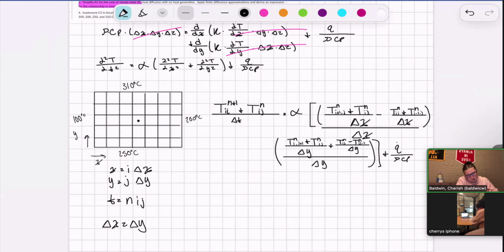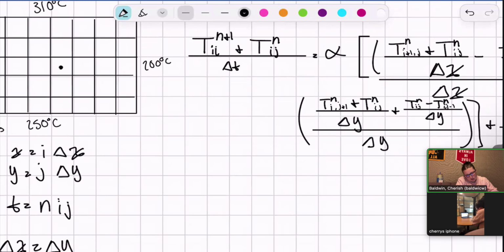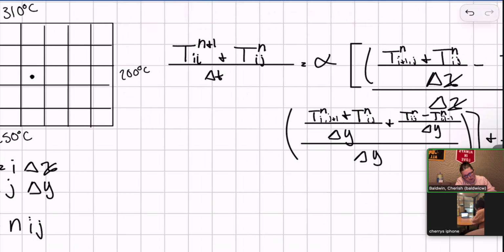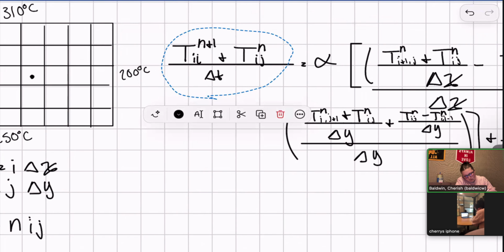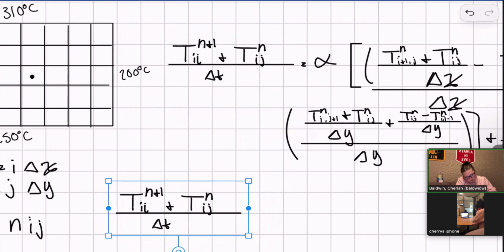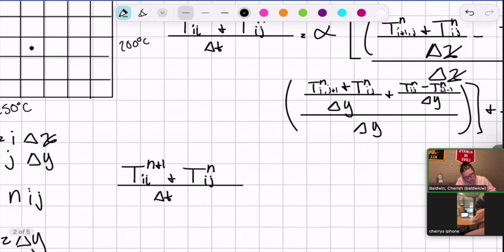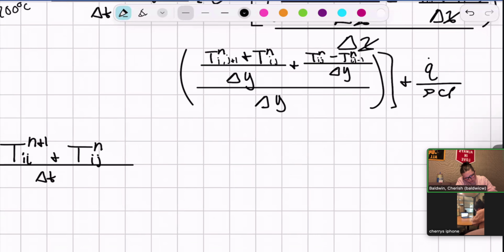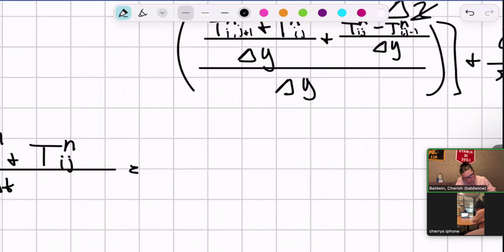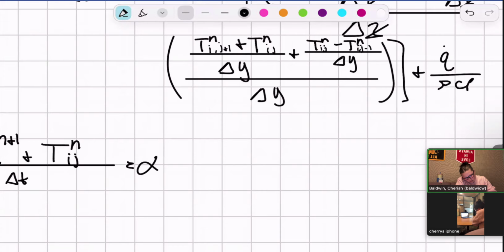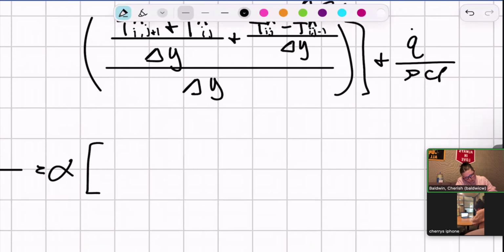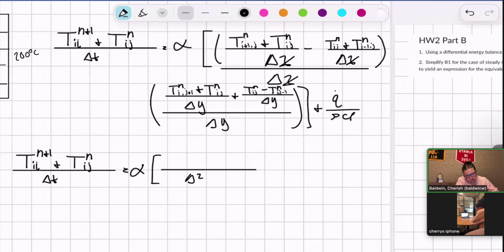So now we are going to simplify. We're going to put this all over delta squared because x and y are equal.